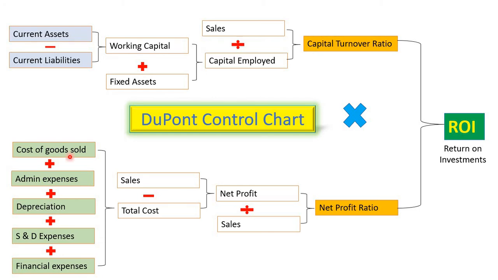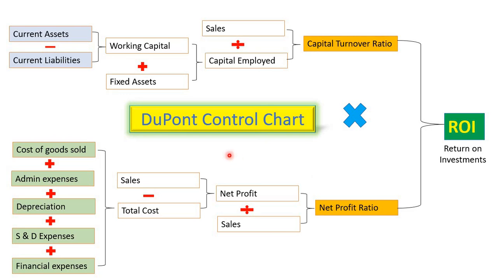Let us see. The company incurs a huge increase in the manufacturing expenses. That means that will affect the cost of goods sold of the business. When the cost of goods sold increases, it naturally results in the increase of total cost, which in turn affects the net profit, and which will lead to a variation in the net profit ratio, and ultimately it will affect the return on investments.